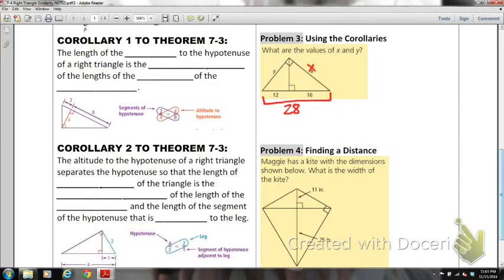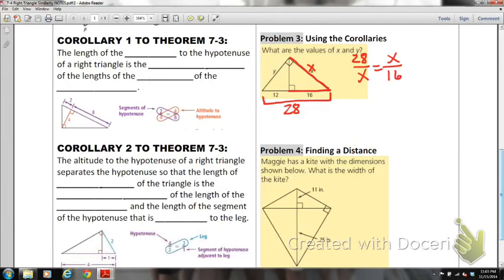X, the length of that leg of the original larger right triangle, is going to be the geometric mean between the entire length of the hypotenuse, which we just said was 28, and the segment of the hypotenuse that's adjacent to that leg, which is 16.